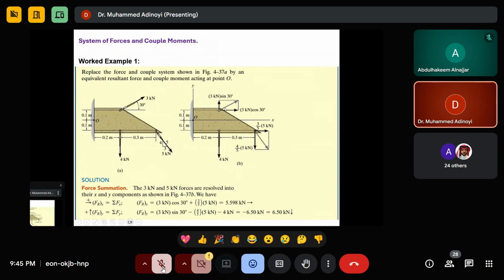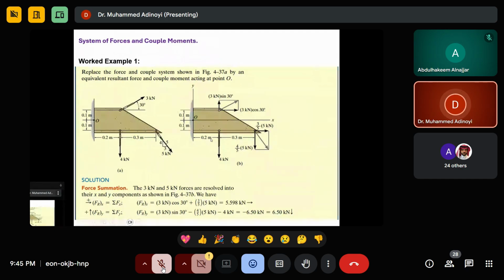So if we take moment about O, this is going to be 3 kilonewton sine 30 multiplied by 0.2, because the distance from here to here is 0.2. It is shown here.